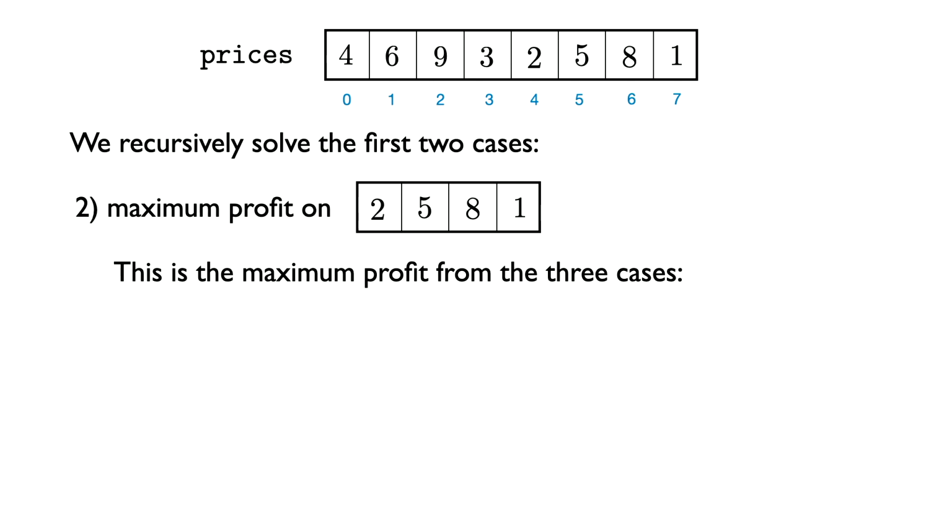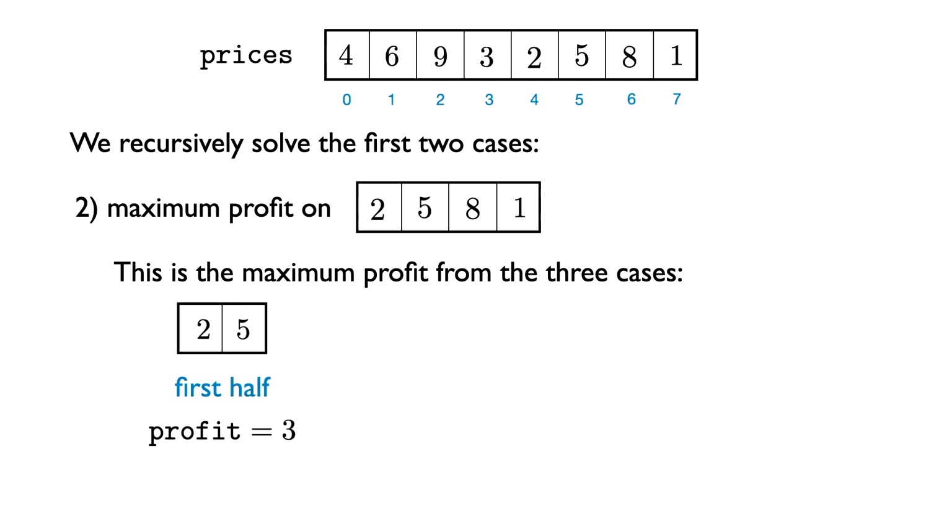So now we go to the second case, the maximum profit on the second half of the original array, which has values 2, 5, 8, and 1. And we again recursively apply the same algorithm. So the maximum profit is going to be the maximum of our three cases.